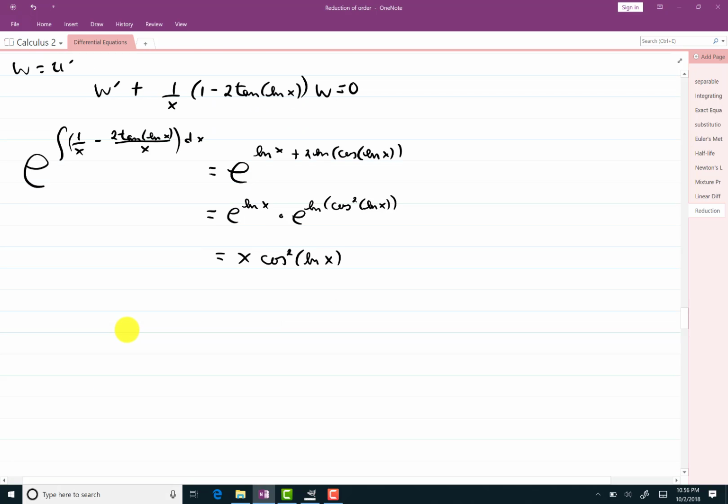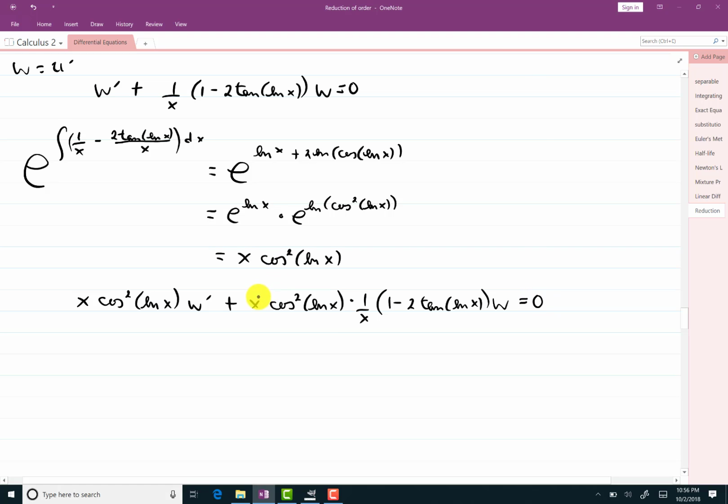So I'll get x cosine squared of ln of x w prime plus x cosine squared of ln of x times 1 over x times 1 minus 2 tangent of ln of x times w, and that equals 0.